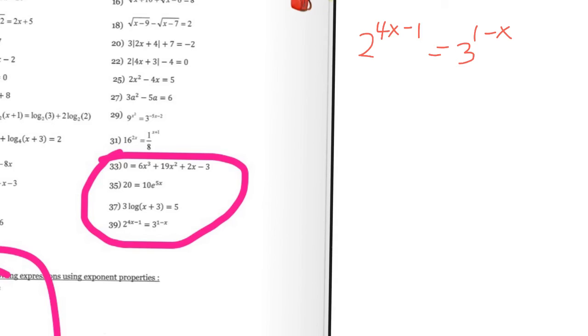Well, this could be rewritten as 2 to the 4x all over 2. And this could be rewritten as 3 all over 3 to the x.